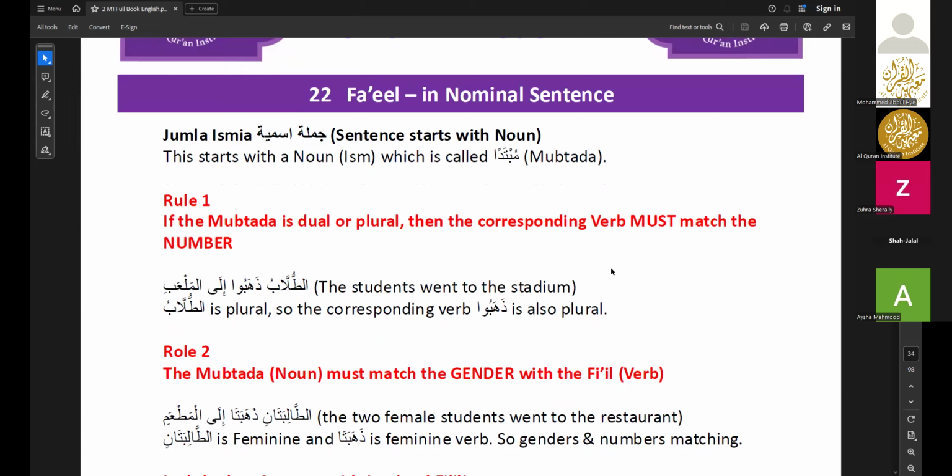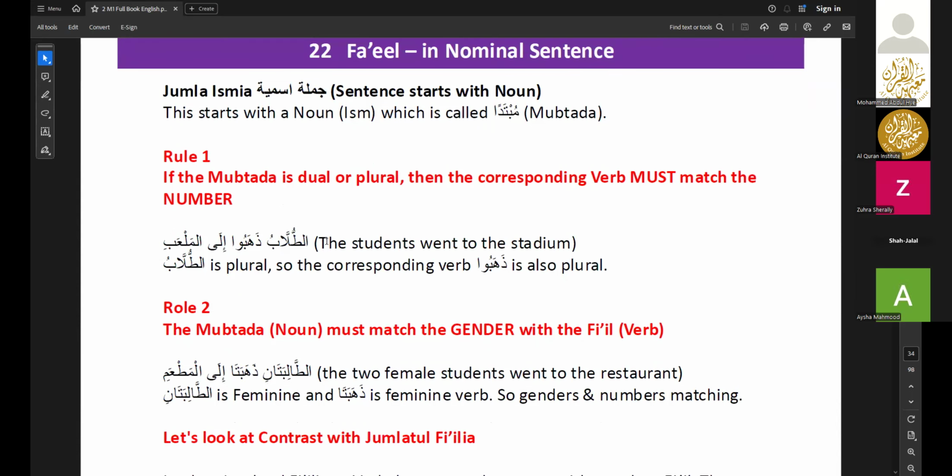So rule 1 says the mubtada, the first isim, should match the verb after it in terms of number, and rule 2 says in terms of gender. So these are the two rules for Jumlatul Ismiya. Match with the fa'il in terms of number and gender.